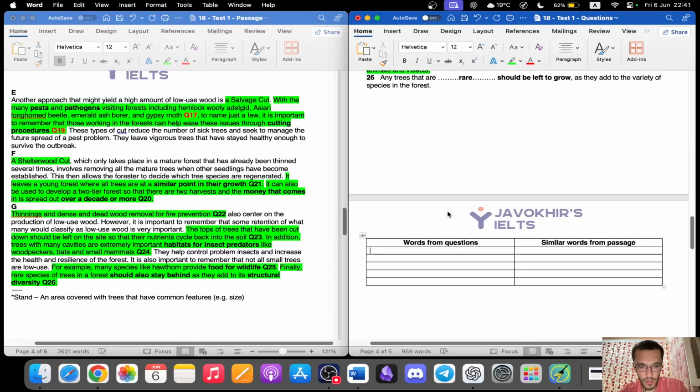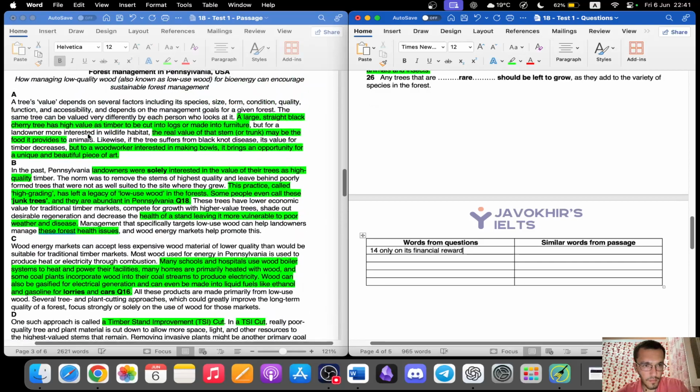Question 14. Only on its financial reward. It was in paragraph B. Solely interested in the value. Solely interested in the value.